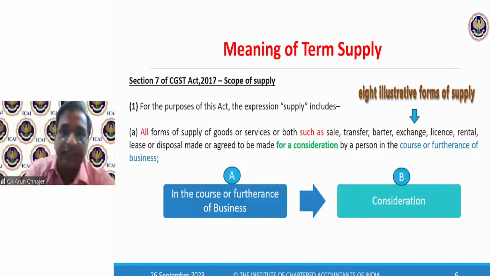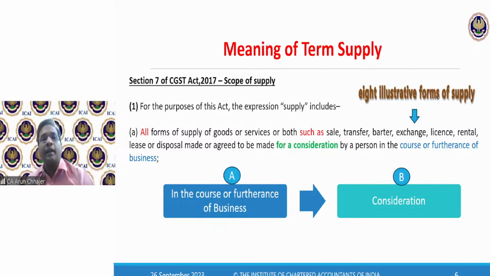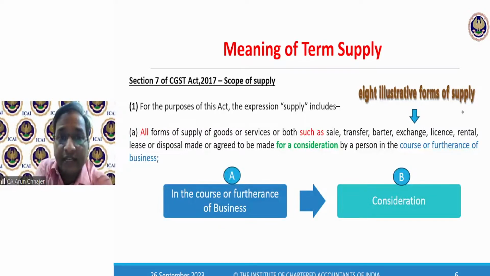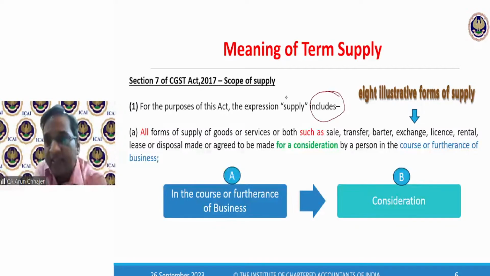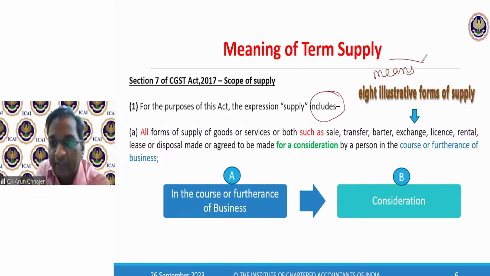We'll discuss. Okay. Now I hope all have received the answer. Now we are moving to the definition of supply. One thing: certain definitions start with the word includes and certain definitions start with the word means. Can anybody tell me the difference between these two terms?